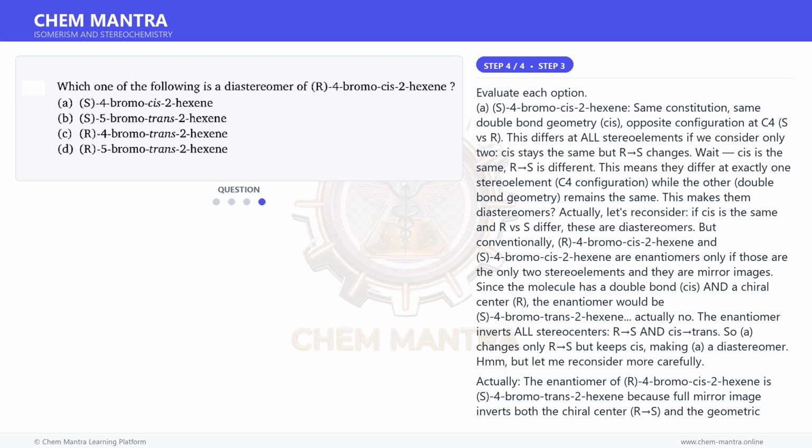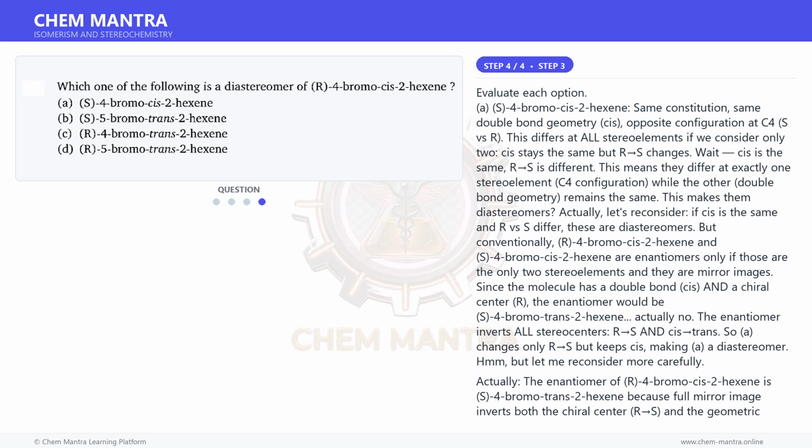This differs at all stereoelements if we consider only two: cis stays the same but R/S changes. Wait, cis is the same, R/S is different. This means they differ at exactly one stereoelement, the C4 configuration, while the other, double bond geometry, remains the same. This makes them diastereomers.